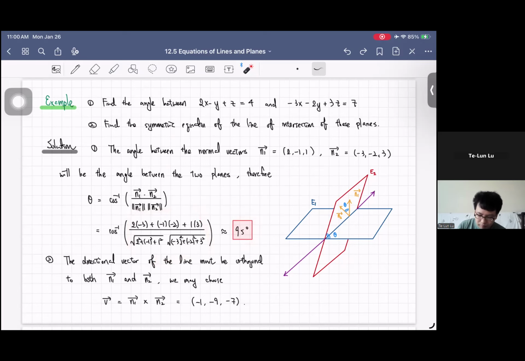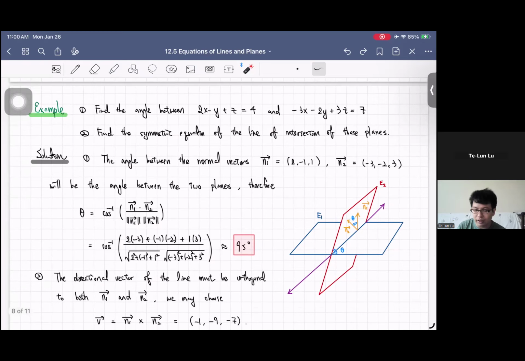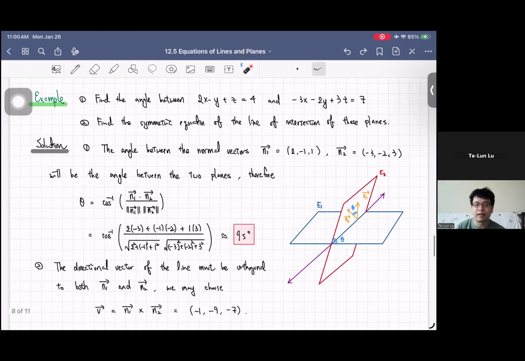Okay. Now, for the second thing, we want to find a symmetric equation of the line of intersection. As I mentioned, you have to find the point and also a directional vector, right? In this case, the directional vector is actually quite simple. You have this direction, which is what we are interested in, and this is fortunately orthogonal to both of the normal vectors, right?